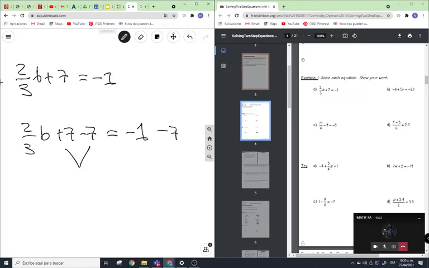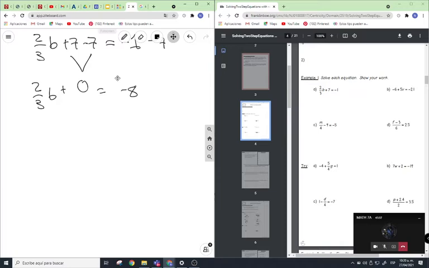Plus 7 minus 7 is 0, so it's plus 0. 2/3 b equals -1 minus 7 is -8. Okay, so 2/3 b plus 0 is just 2/3 b.